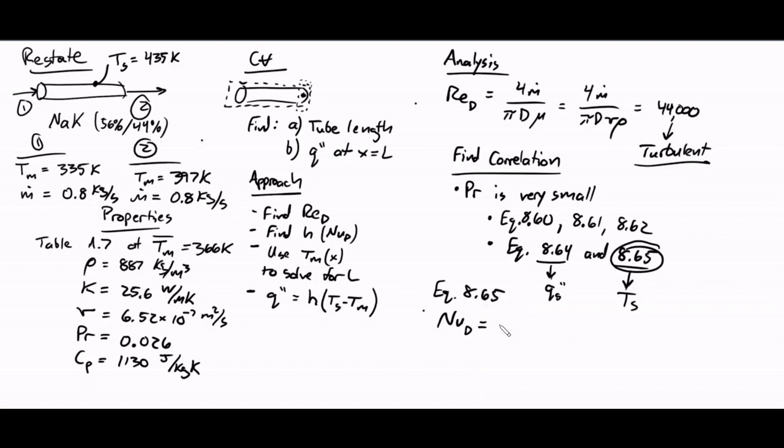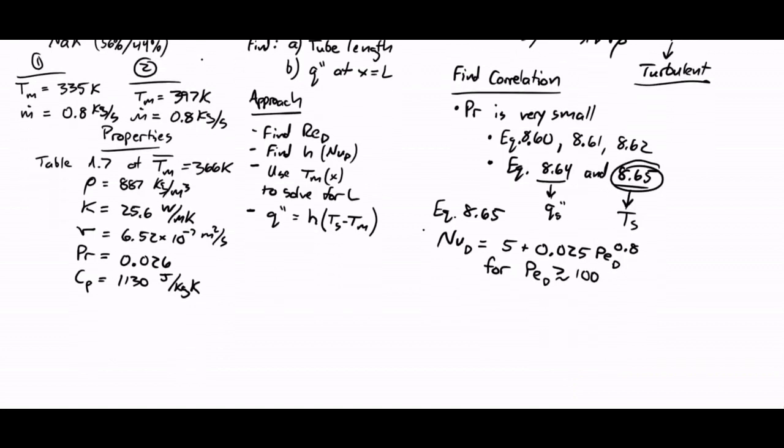The Nusselt number is 5 plus 0.025 times the Peclet number raised to the 0.8. All right, and the one condition we need to be aware of is that our Peclet number must be greater than or about equal to 100. So we better calculate that Peclet number.